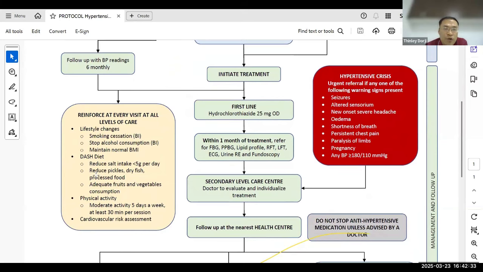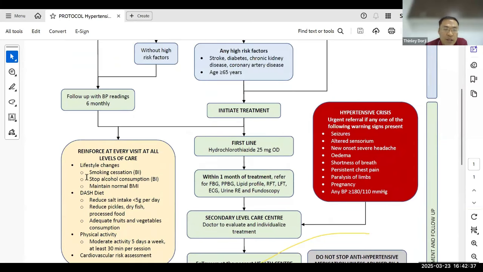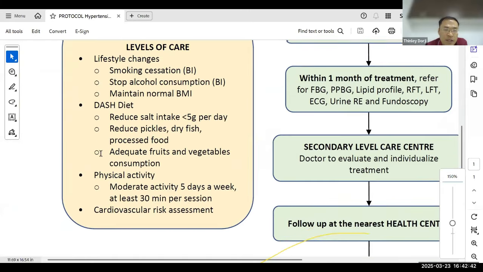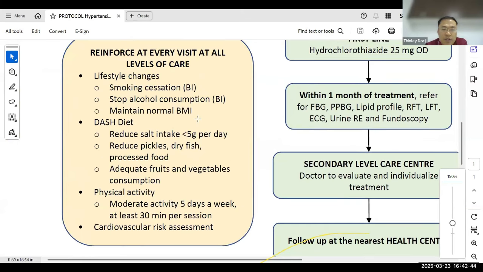Whoever is having normal blood pressure or whoever is not getting labeled as hypertension, you will explain what interventions you will do in your hospitals. You will always tell about lifestyle changes. Here, you will provide a brief intervention on smoking cessation.